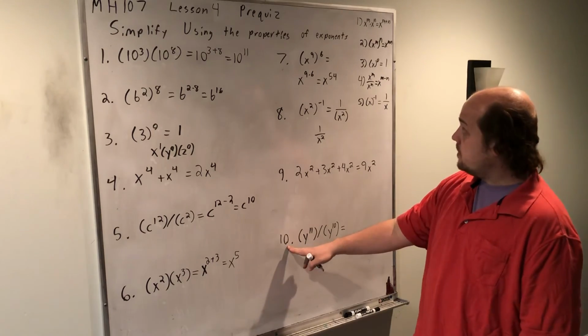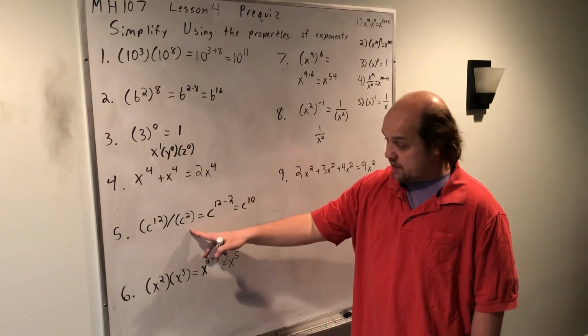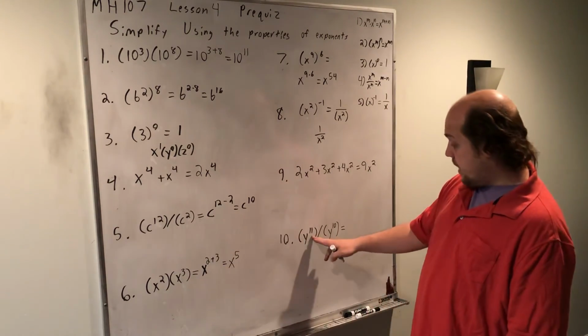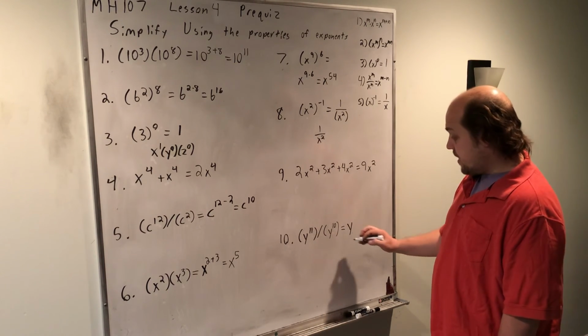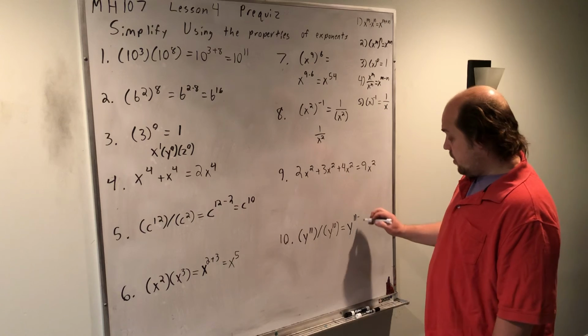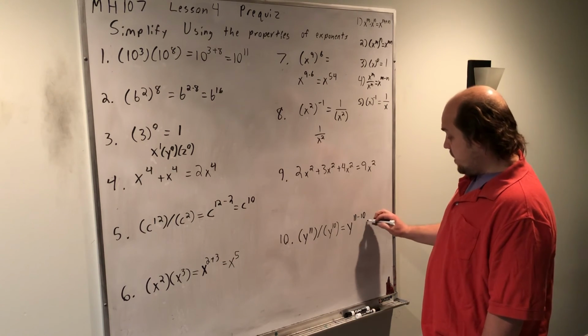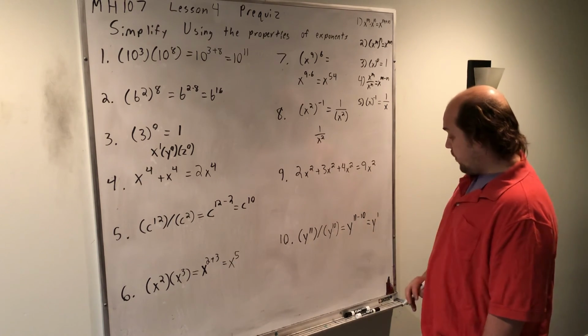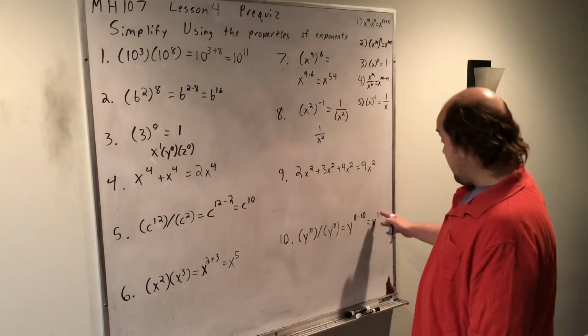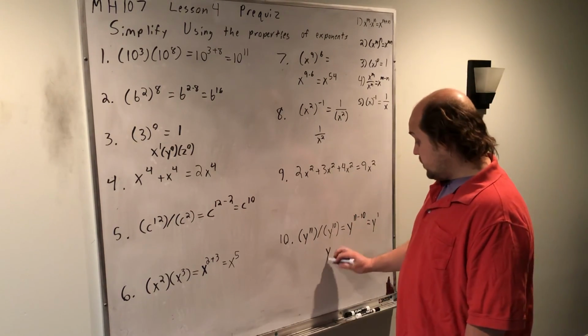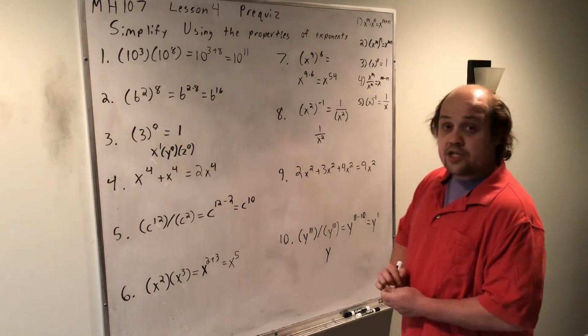Problem 10 is like problem 5. Here I'm doing y to the 11th power divided by y to the 10th power. That means I just have to do power on top, 11, minus power on bottom, 10. That's how I get y to the first. But when you have something to the first power, you don't need to display the power. That's always understood. So you'd see it as an answer choice as just y.